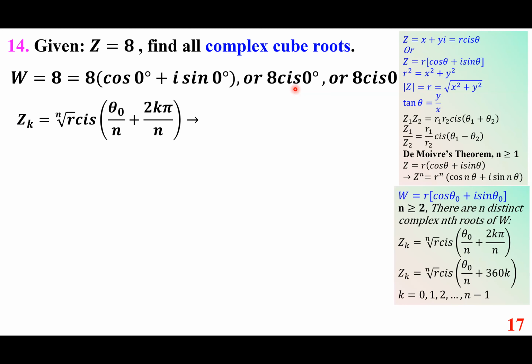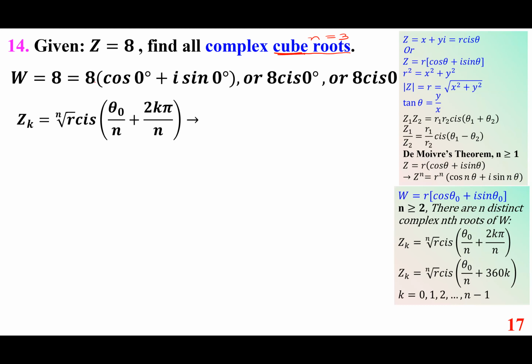since we want the cube root, n is 3, so we want the third root of r, which is 8, everybody. Theta sub 0 happened to be 0, and n is 3. So cube roots, this means n is 3, okay?